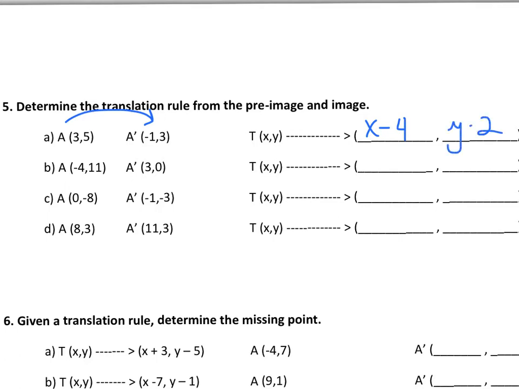In the second one, it looks like the X went up 7 from -4 to 3, and that the Y went down 11 from 11 to 0. In question C, X dropped by 1 and Y increased by 5. And in question D, X increased by 3 and Y didn't change at all, so I just leave it as Y.